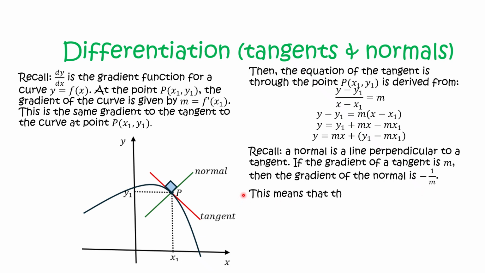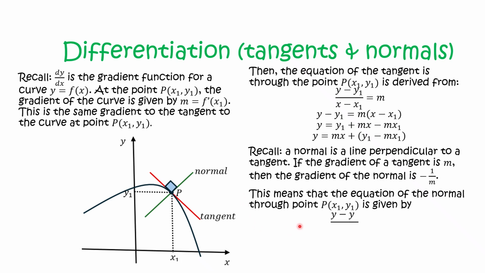This means that the equation of the normal through the point P(x1, y1) is given by, we simply substitute for m, since our gradient this time around is minus 1 over m, and that is a negative value. So we solve for y so that we get this bit. So that is how we would get the equation of the normal through the point P(x1, y1) at a curve.